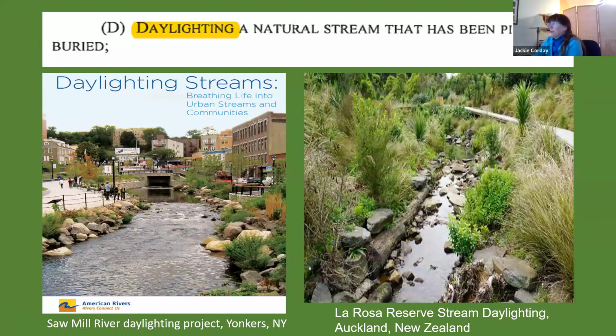Daylighting a natural stream is another category of the 6 categories. And these are two classic examples of what comes to mind when you daylight a stream. So many streams across the United States and cities have been buried by asphalt and concrete. This is starting to happen across the United States and in other countries, such as in Europe, and this picture is in New Zealand, where the concrete is removed, the asphalt is removed, and they daylight that stream.